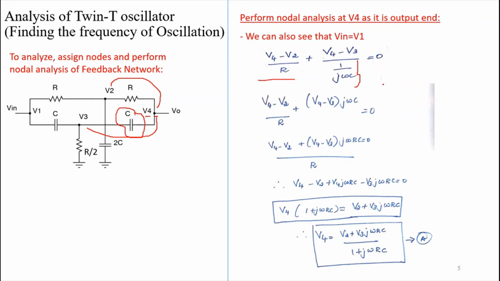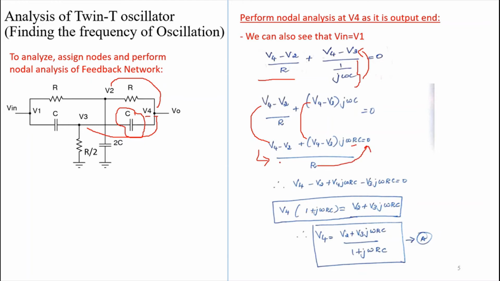This 1 by j omega C can be brought to the numerator, so I can write this as V4 minus V3 into j omega C. Because this R is not common, we take the common LCM over here. This is the next step. If I take the common LCM, I get V4 minus V2 and V4 minus V3 into j omega RC. Then if I bring this R to the right hand side, this R will get cancelled.